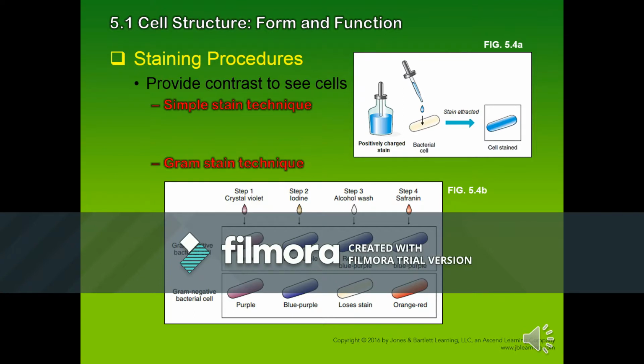Then the third step is to wash with alcohol, and so gram negatives will turn colorless, and the gram positives will still be the bluish color. And then you counterstain with safranin, a red dye, so gram positives remain purple, whereas the gram negatives are red like safranin.